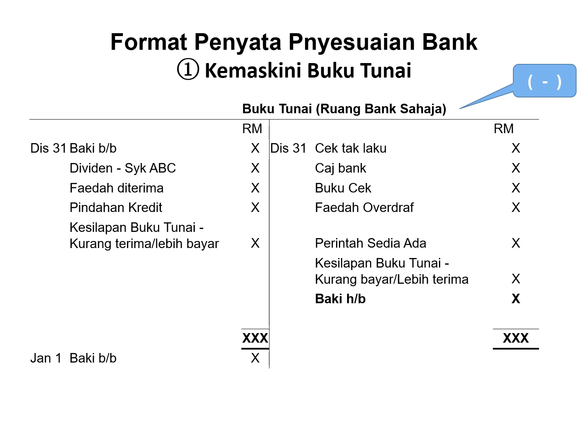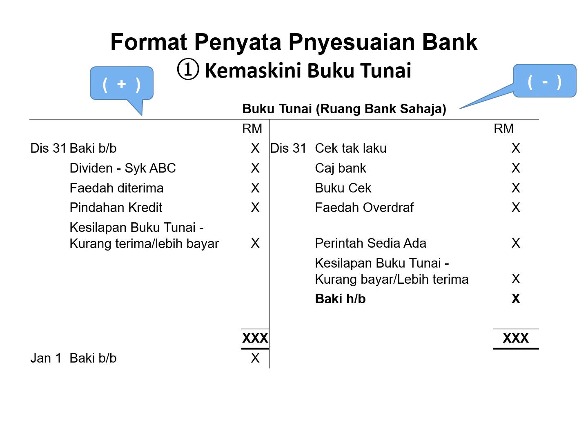Okay, this is the format of updating the cash book. Whatever things you're supposed to add in, you should debit. Whatever you're supposed to minus out, you have to credit. For example, first thing first, you must bring in the balance BD, the Baki BB. Then for dividend cash, anything the bank pays you that you haven't updated yet, you have to debit your buku tunai, as there is an incoming inflow of money.